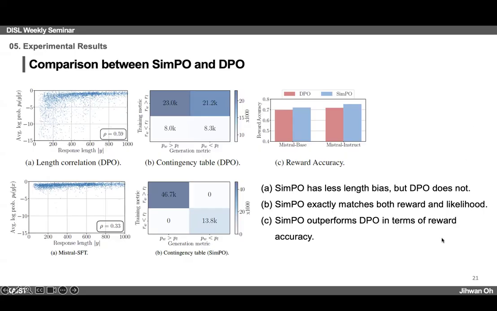I have one question on the log likelihood. This model uses its own policy's log likelihood as a reward, and the author mentioned that this will lead us to some implicit regularization.